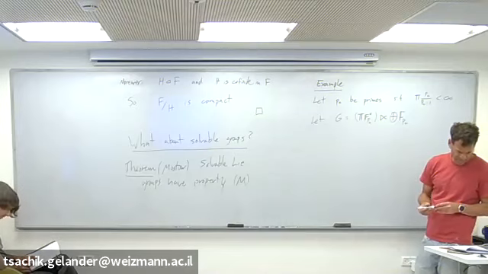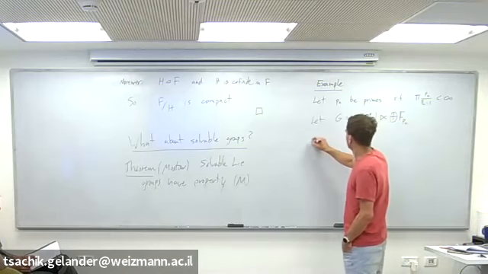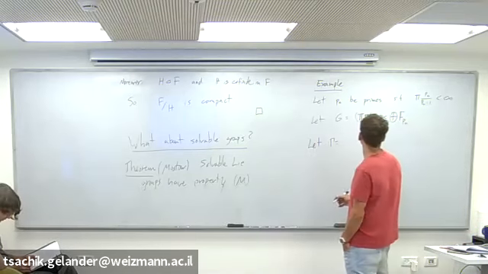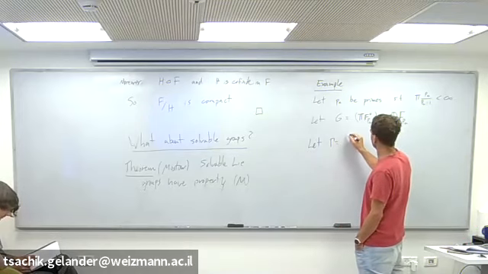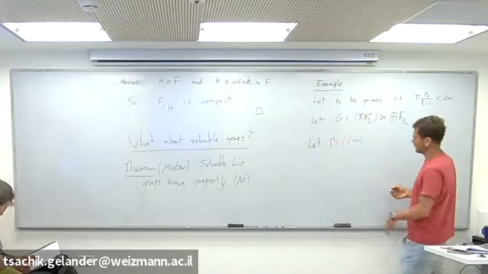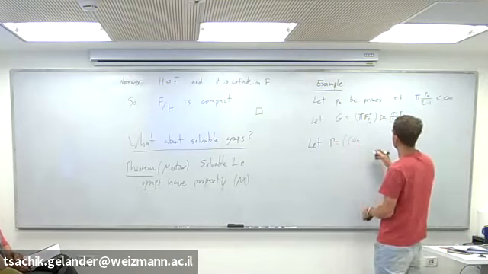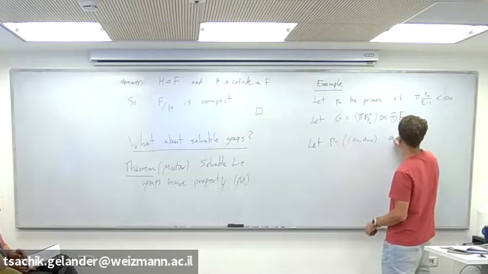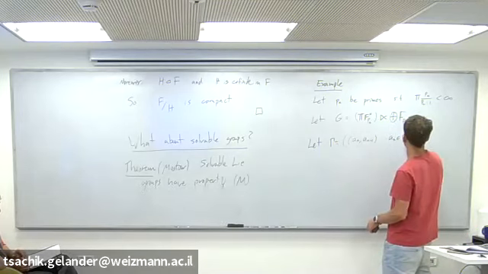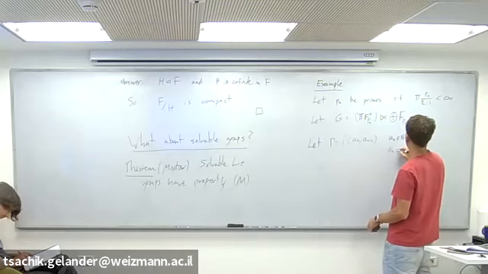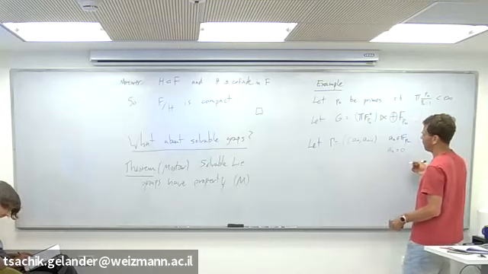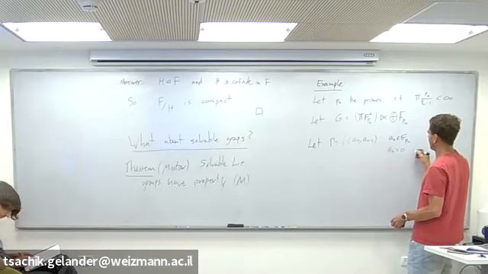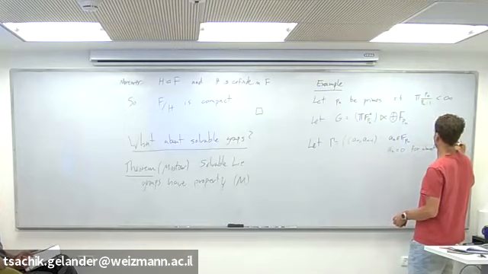Now let's consider, let gamma be the group of all elements of the form, all sequences (a_n), a_n minus 1, such that a_n is in F_{p_n}, and a_n equals 0 except for finitely many, for almost all n.